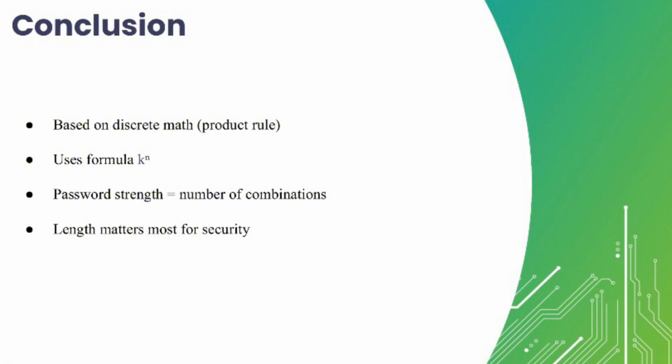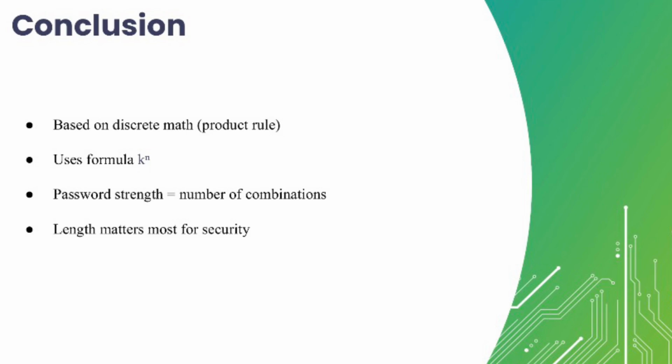To conclude, this entire presentation is based on discrete mathematics, specifically the product rule, which is one of the fundamental counting principles. We use this idea to build the formula k to the power of n, which allows us to calculate the total number of possible passwords. From this, we learned that password strength is directly related to the number of possible combinations.